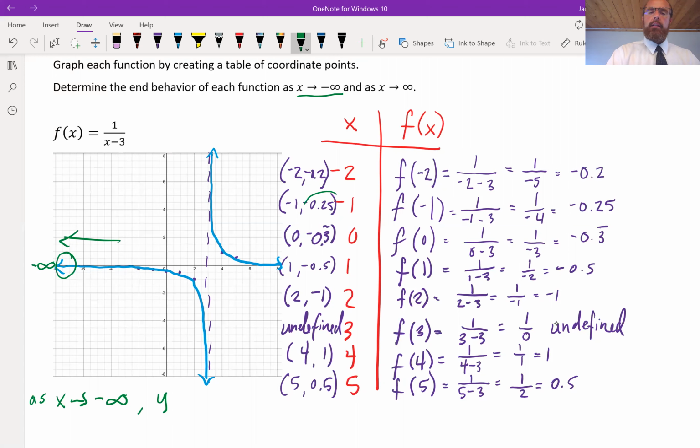You can look at these y values in our points from the table. As we go more and more negative, which was higher and higher up in the table, what value are these y values getting closer and closer to? See if you can predict. Excellent. As x gets more and more negative, y gets closer and closer to 0.